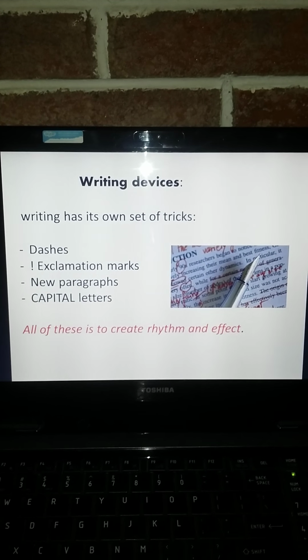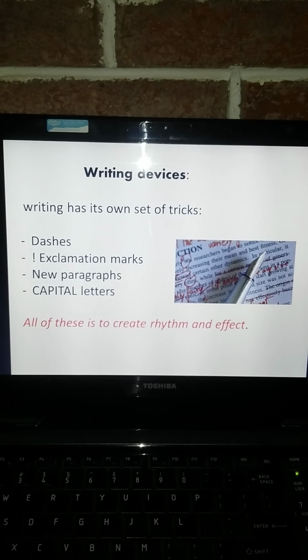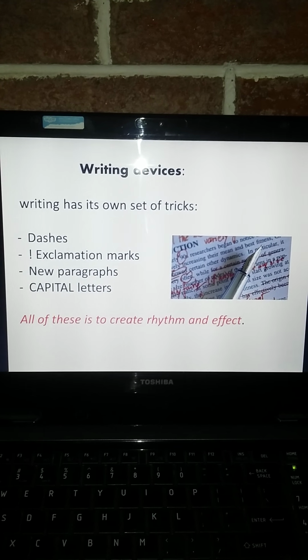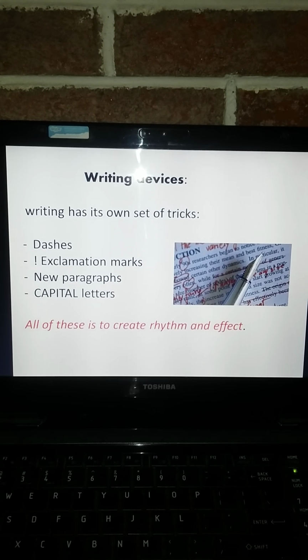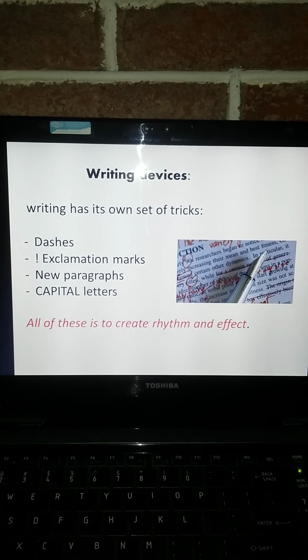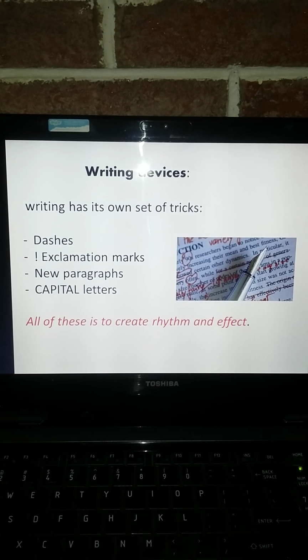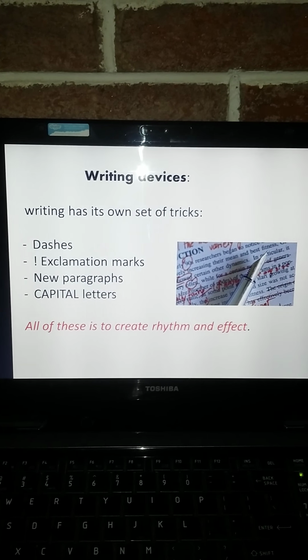Writing devices. Well, writing devices are very important. And what is that? Well, it's the rhythm and effect that we use to create a story. For example, we use dashes, exclamation points, new paragraphs, and capital letters.